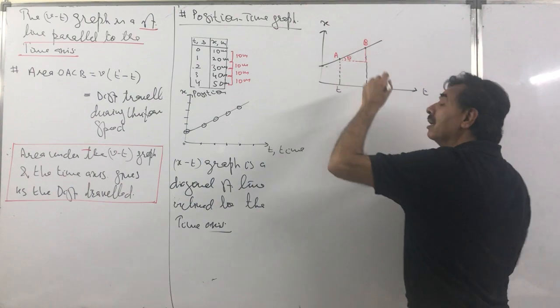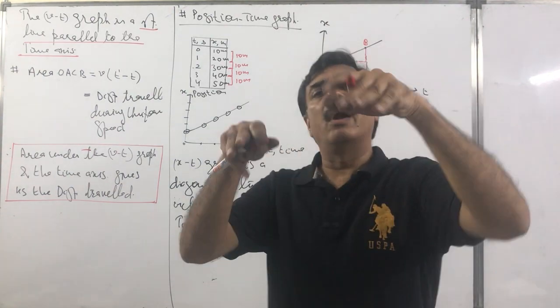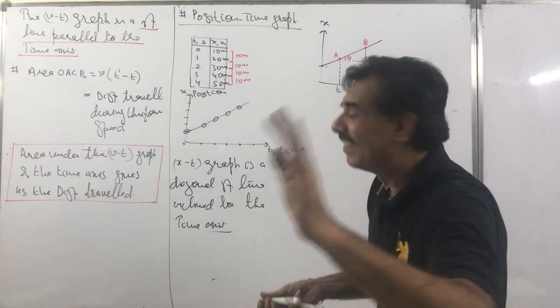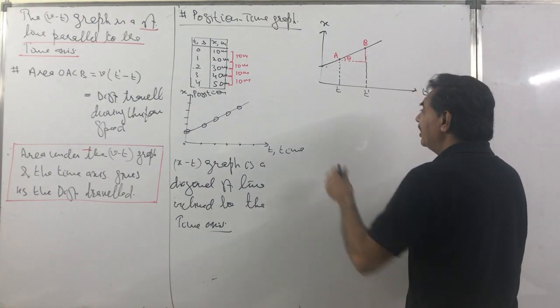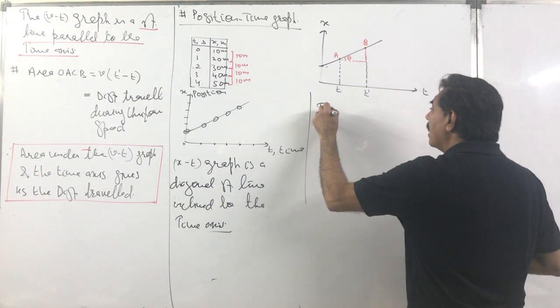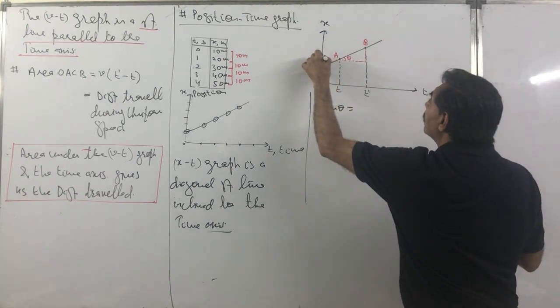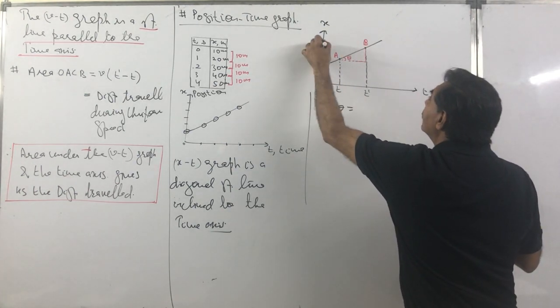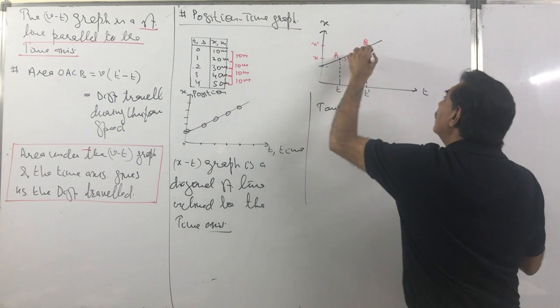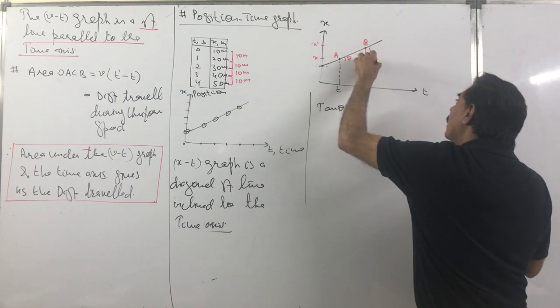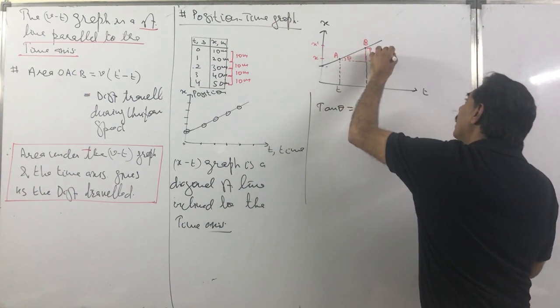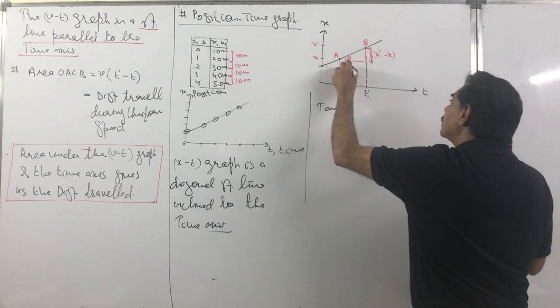By slope we mean tangent theta. Tangent theta is this is x and this is x dash. So this is the slope. Perpendicular over base, x dash, and this would be t dash minus t.